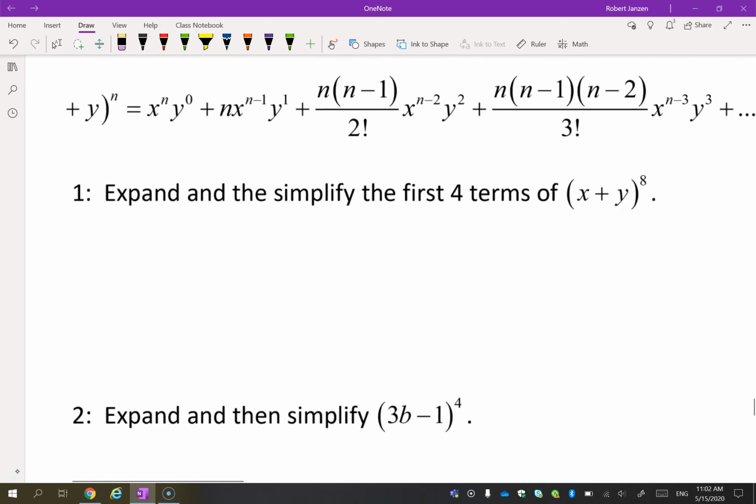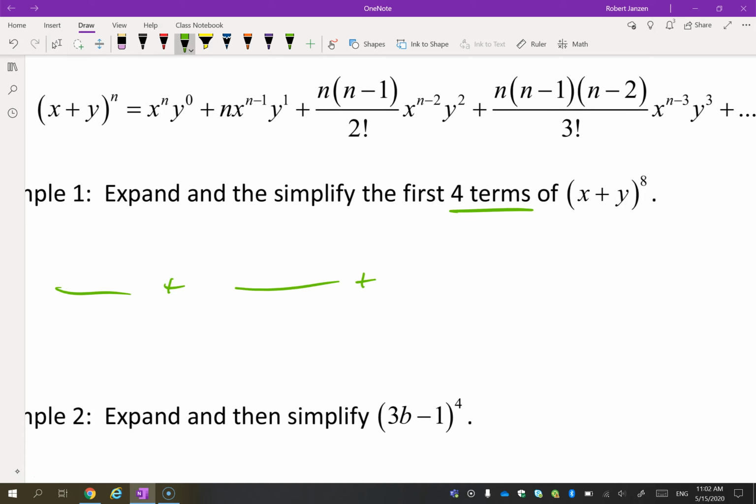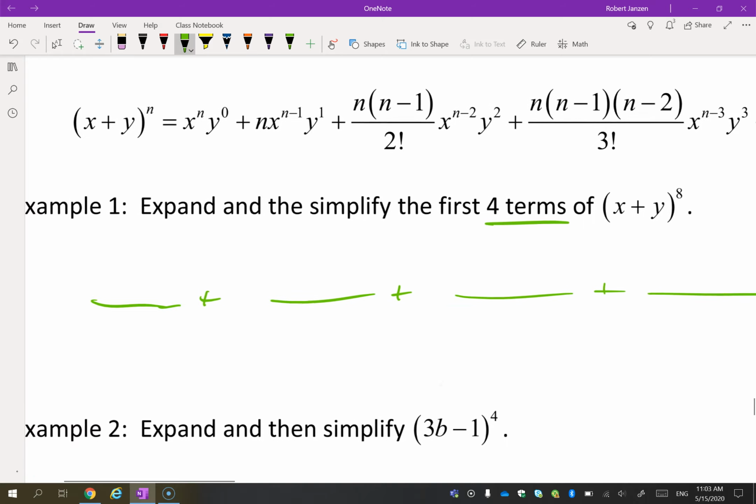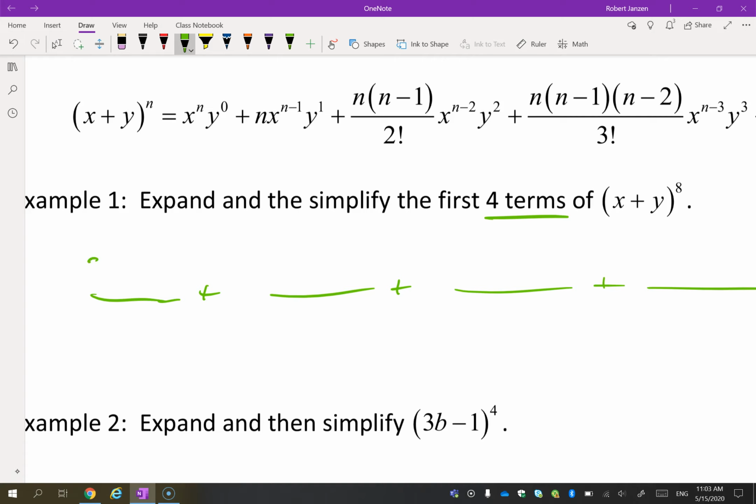Okay, so let's try this. The first 4 terms. How many terms would there be, by the way, in this binomial expansion? If it's a power of 8, there would be 9 terms. We're supposed to just find the first 4. Okay, the coefficients, you would go 8 choose 0, 8 choose 1, 8 choose 2, 8 choose 3, and so on. All right. Then we're going to look at x.